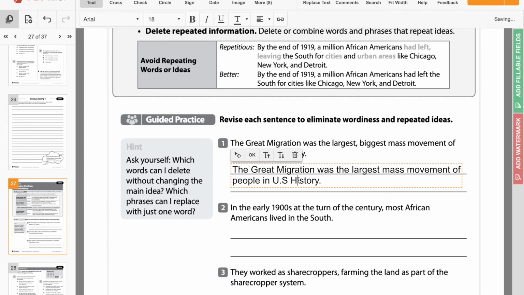So we're just taking out one of those words that means the same thing. It's really not complicated. We don't want to overcomplicate it. We already know that largest and biggest mean the same thing. We don't need you to tell us twice.